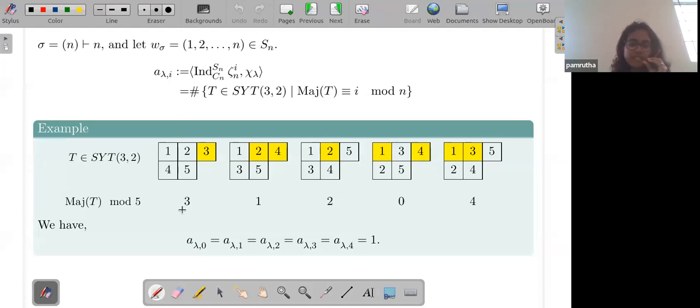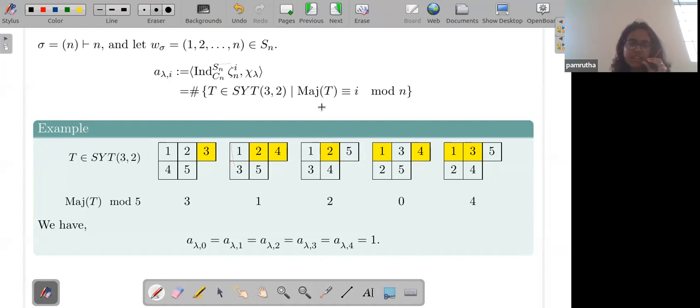What it says is that if I induce any irreducible representation of the cyclic group generated by this n-cycle to the symmetric group, each of these induced representations will have a single copy of this particular irreducible character, the one indexed by this particular partition.